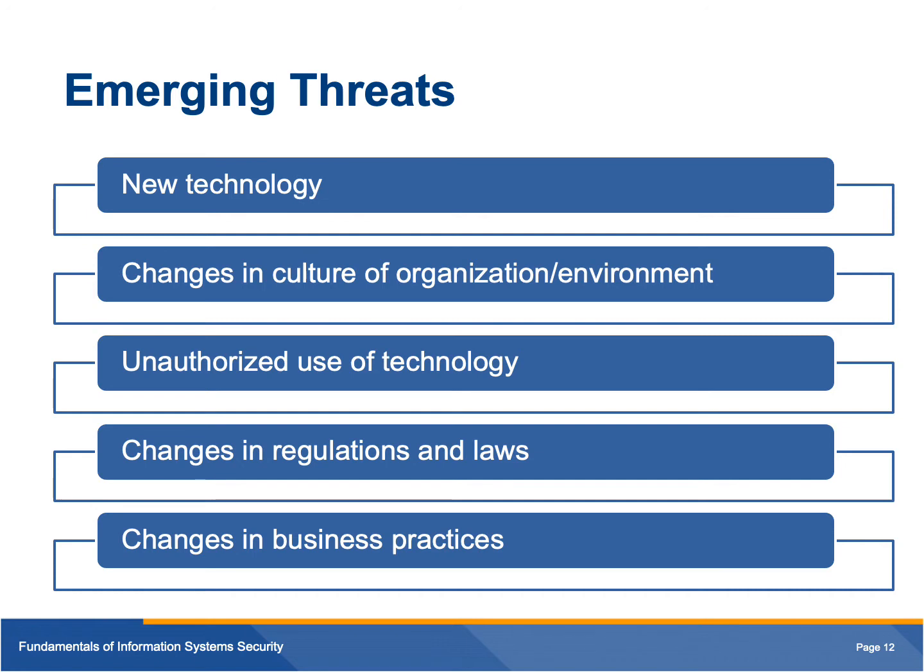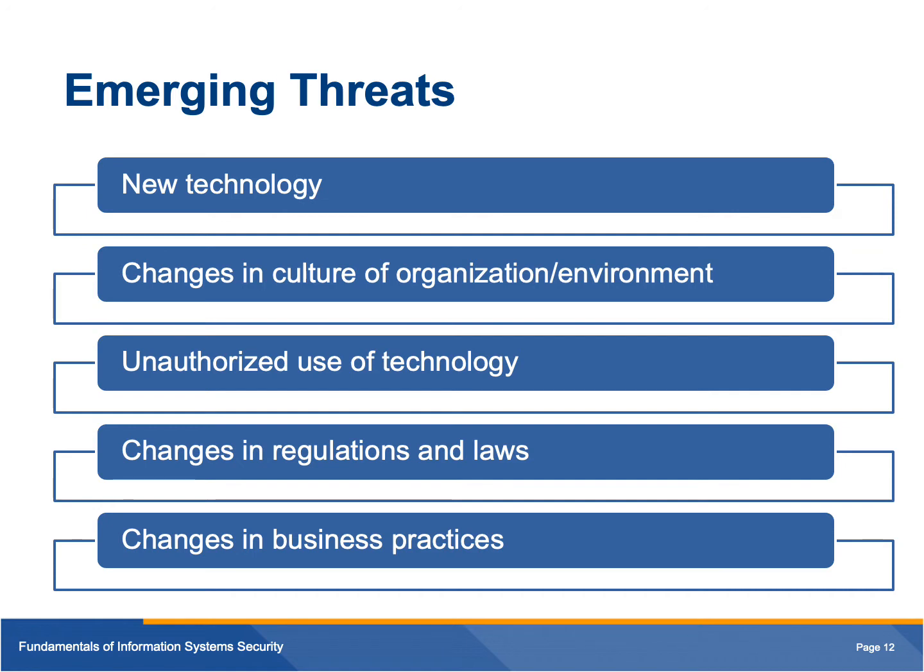So some of the emerging threats that we need to be aware of now, of course, new technologies, changes in culture of the organization, unauthorized use of technologies, particularly with the global adoption of technologies like smartphones, smart TVs, in-house automation tools, Alexa, and these kinds of things, is really creating technology that is becoming integrated into our business environment.